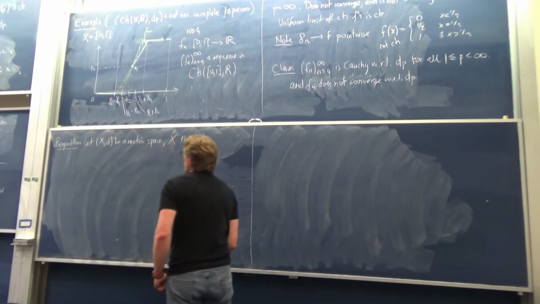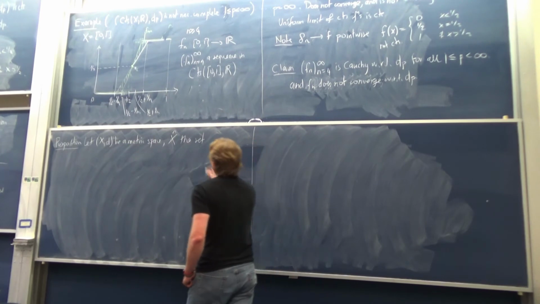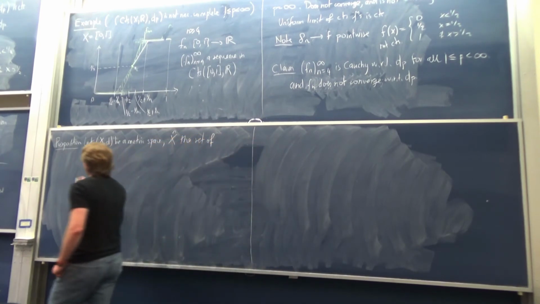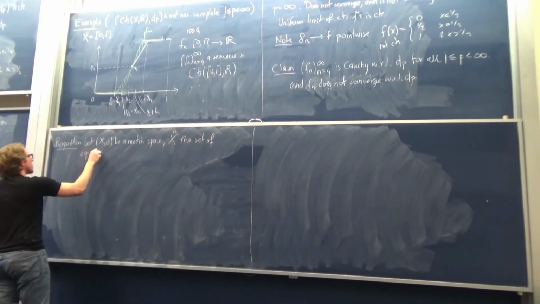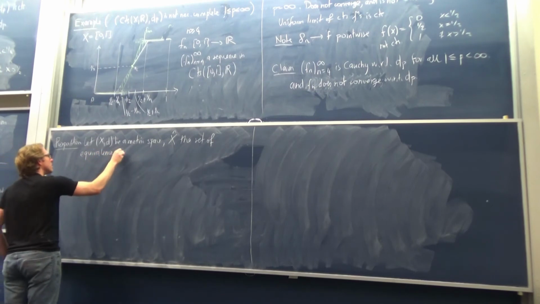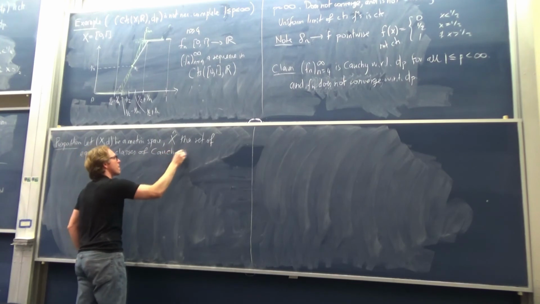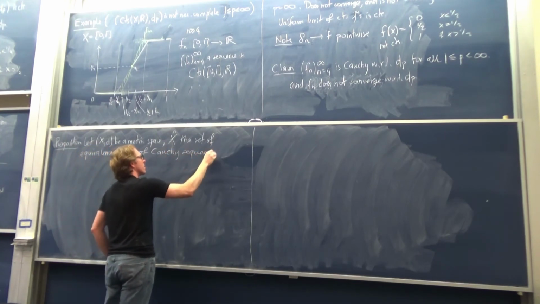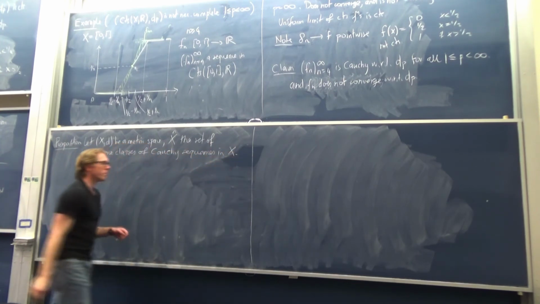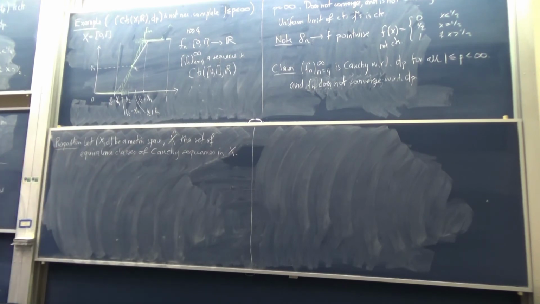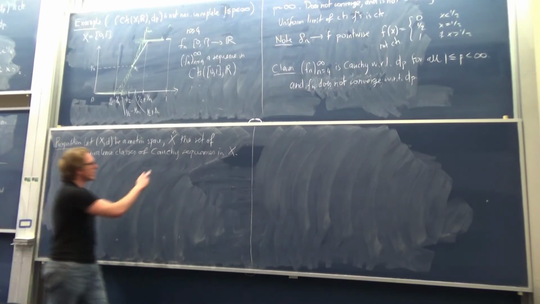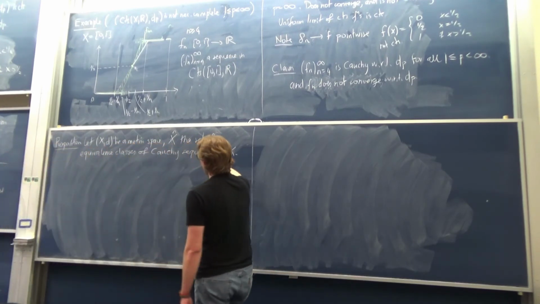So X hat means the set I just described. So it's the set of Cauchy sequences modulo that relation. I mean, maybe it's worth being very explicit about the fact that this notation is slightly imprecise, right?